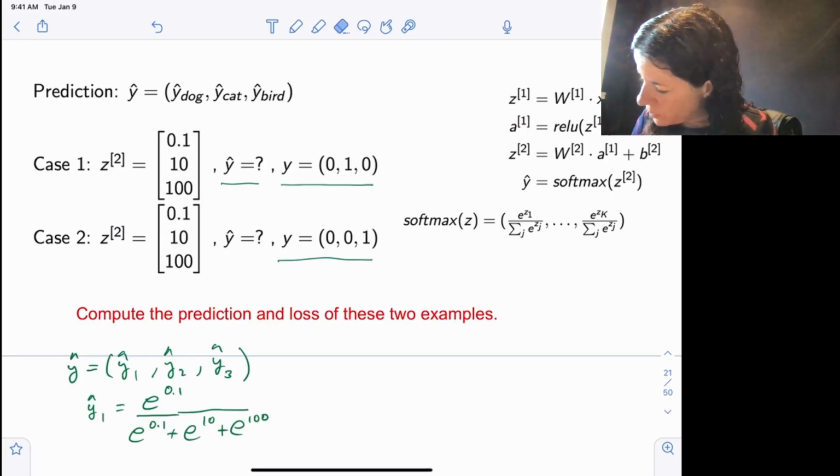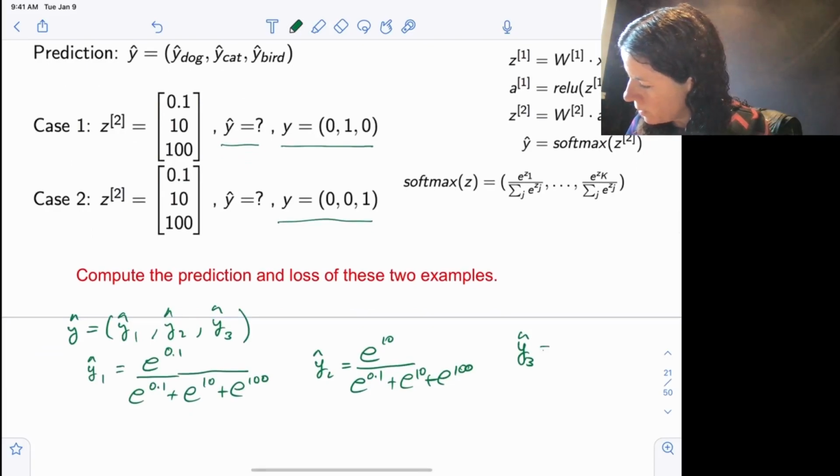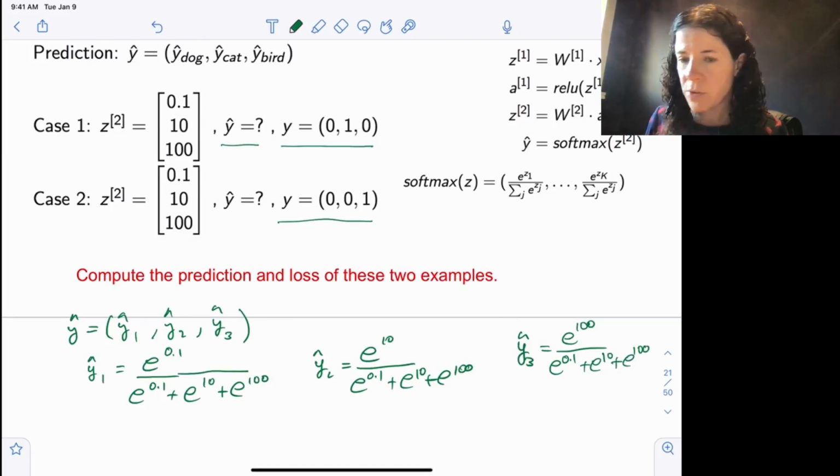Similarly, the second element of the prediction, the second probability, is going to be e to the 10 divided by e to the 0.1 plus e to the 10 plus e to the 100, right? And then we have y3 hat, and this is going to be e to the 100 divided by e to the 0.1 plus e to the 10 plus e to the 100. Okay, so those are the probabilities that we're going to get.